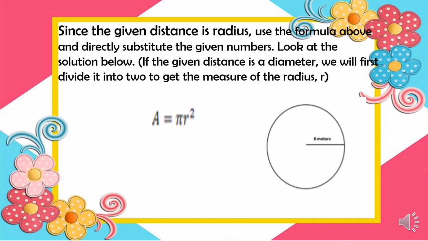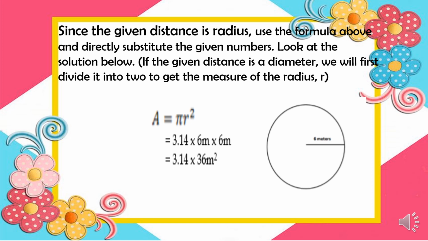So here is the solution. The circle has 6 meters as the radius. If we are going to use the formula A = πr², pi is equivalent to 3.14 times 6, which is the radius, and times 6, so we double the radius.